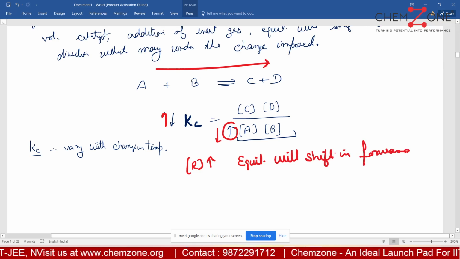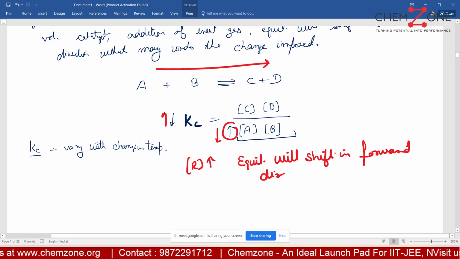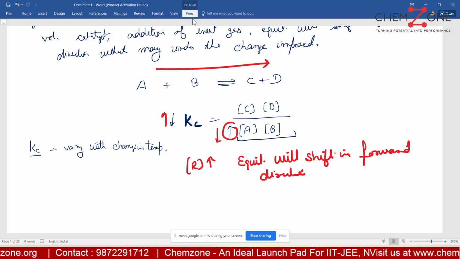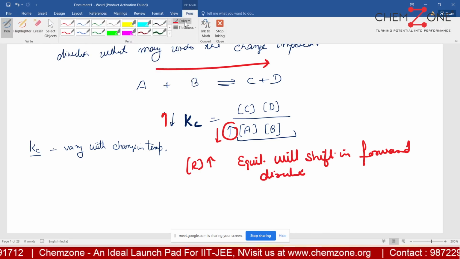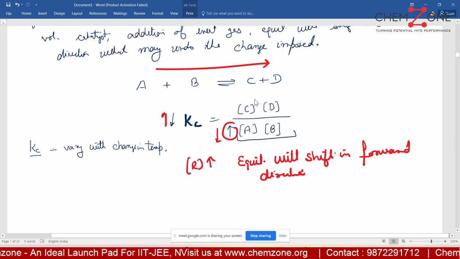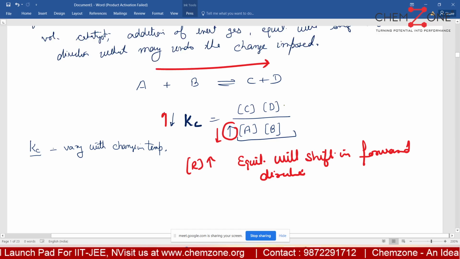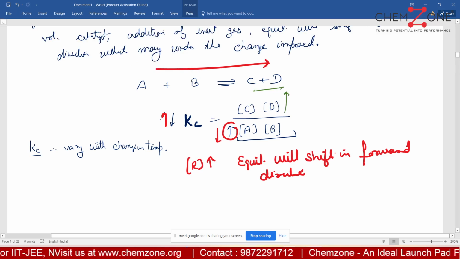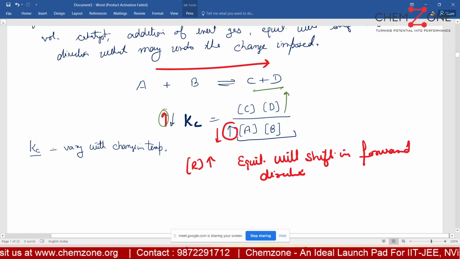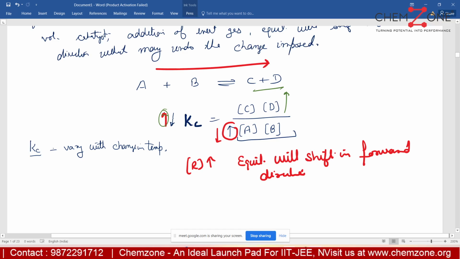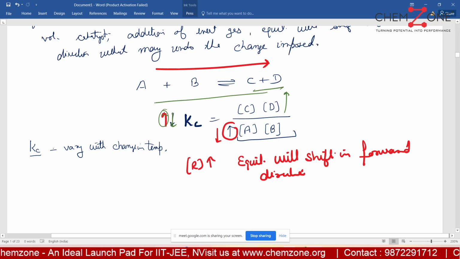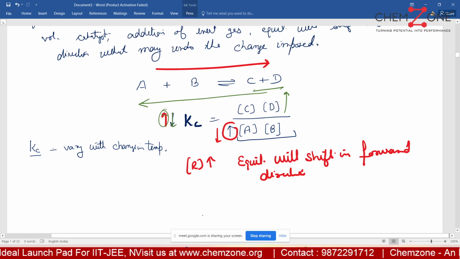Am I clear? Similarly, if you increase the concentration of the products, C and D, the Kc value should increase, but it will not increase because Kc changes only when the temperature changes. It should decrease, and this is possible only when C and D are getting consumed, so the reaction goes in the backward direction.